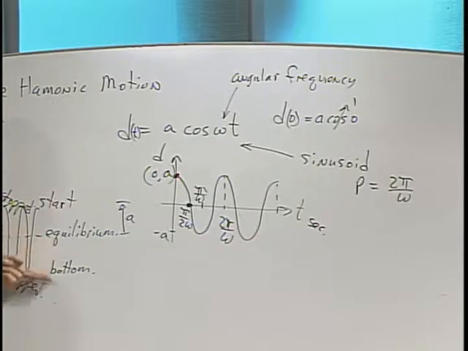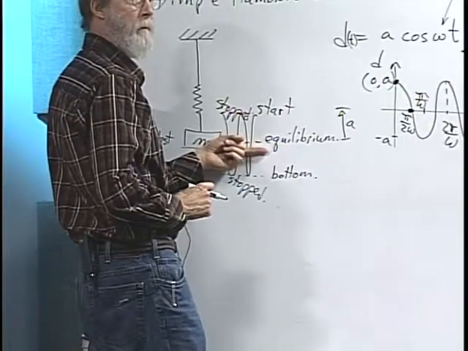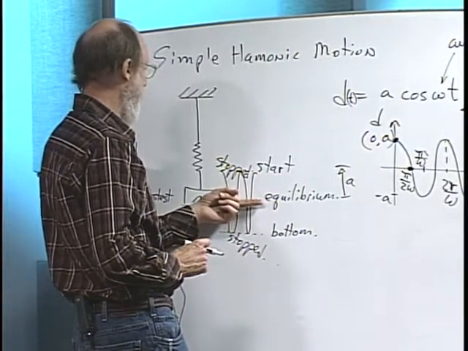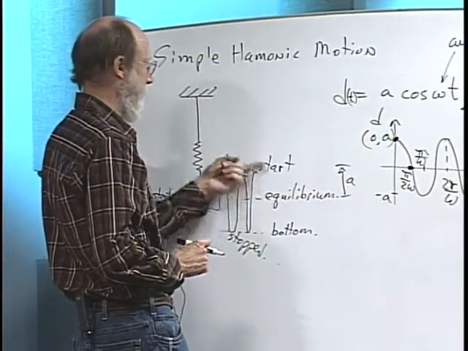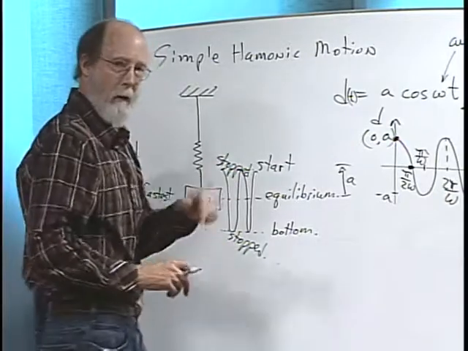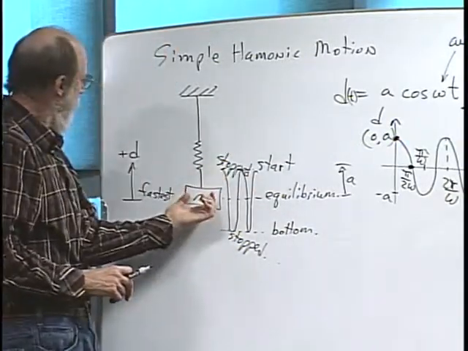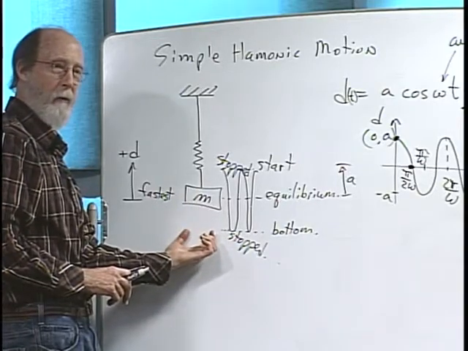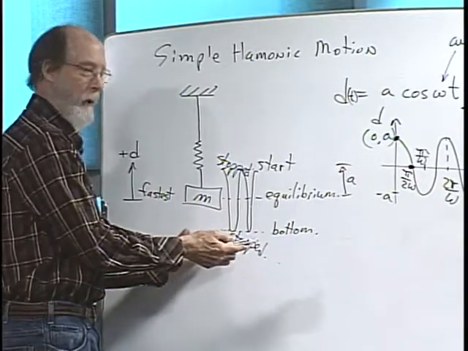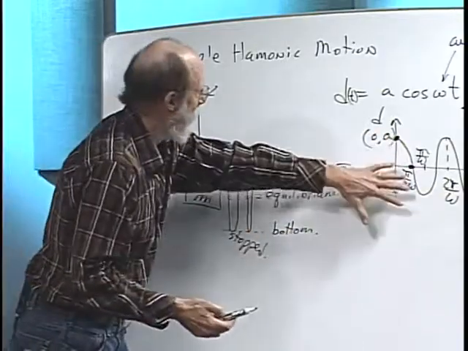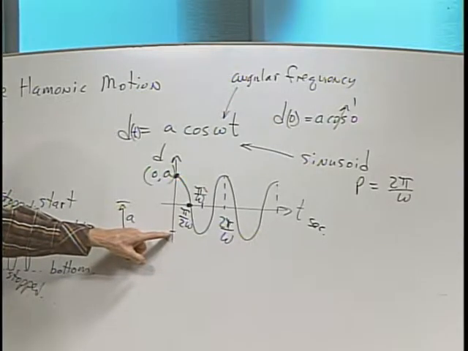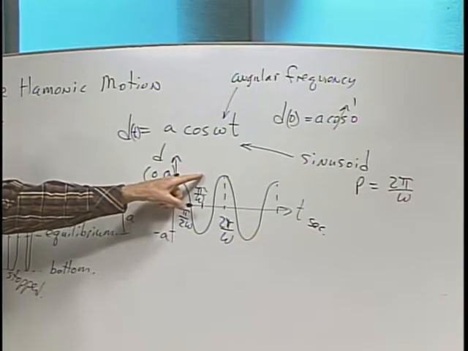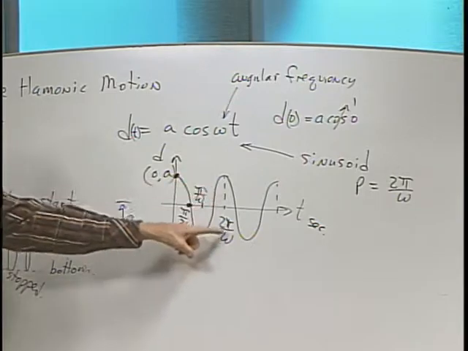Then it's going to continue on down, stop, come back up, moving fastest as it passes through the equilibrium position. So you can build a model. If instead you pulled this mass downward and started it down here, then you'd be starting it at a negative value, and you would have this graph turned upside down. It would start down here at the bottom, travel upward, reach its peak after half a cycle, and then come back down.